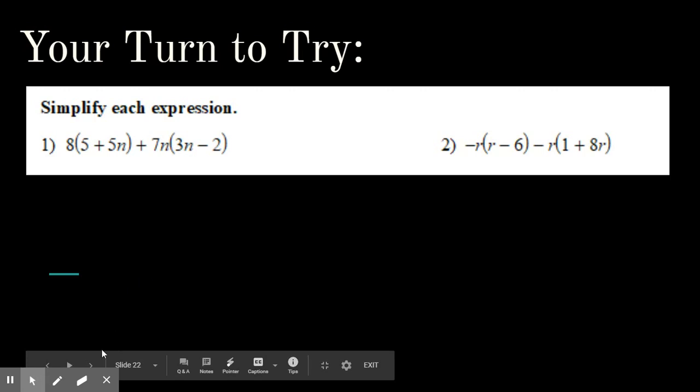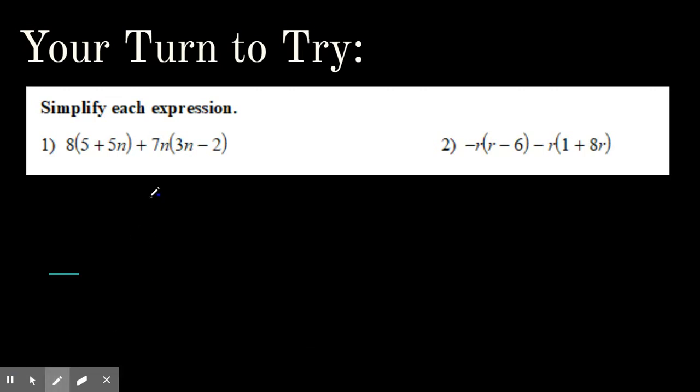Now, I'm going to do just one of these examples with us where we're throwing it all together: our combining like terms, our distributing, and our multiplying variables. Just like we did previously, we're going to multiply our variables here, which gives us 40, sorry for the handwriting, 40, not 46, 40 plus 40n.